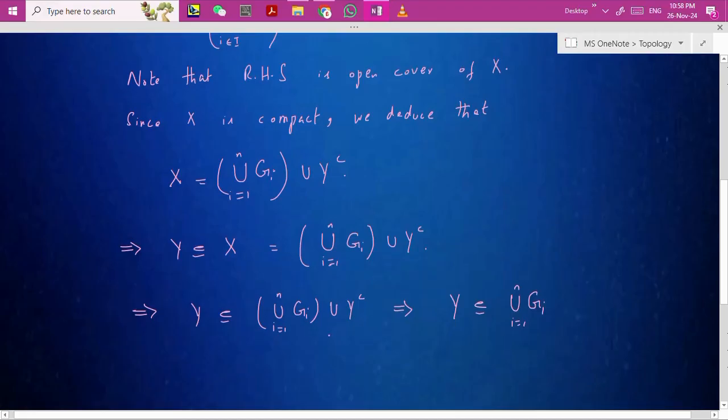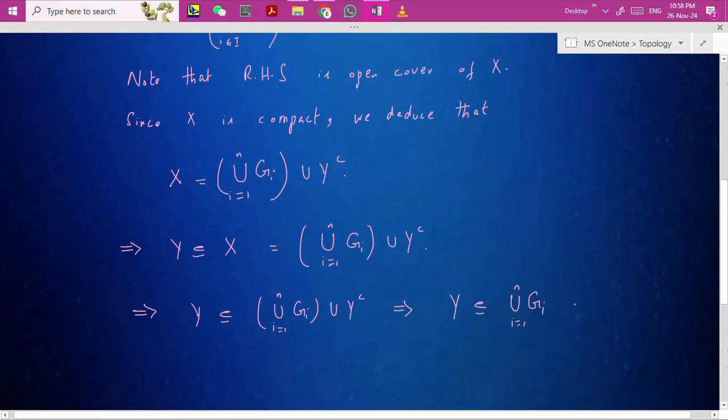The exclusion of Y complement doesn't affect this inclusion, so we can write this inclusion this way, having deleted Y complement.